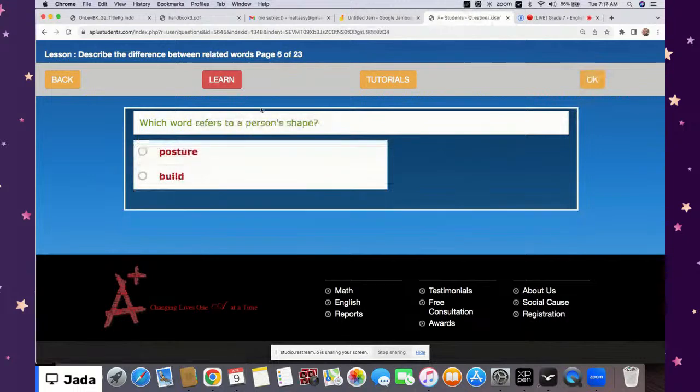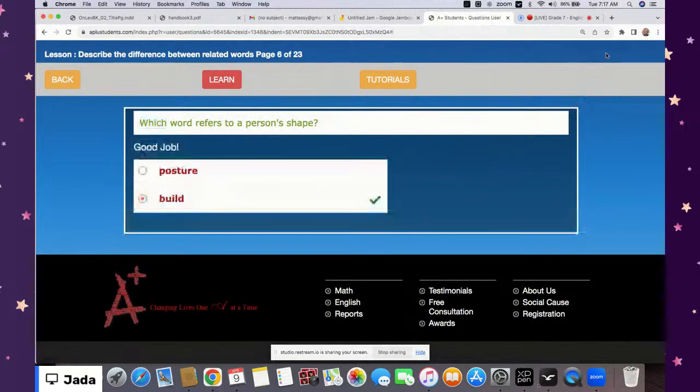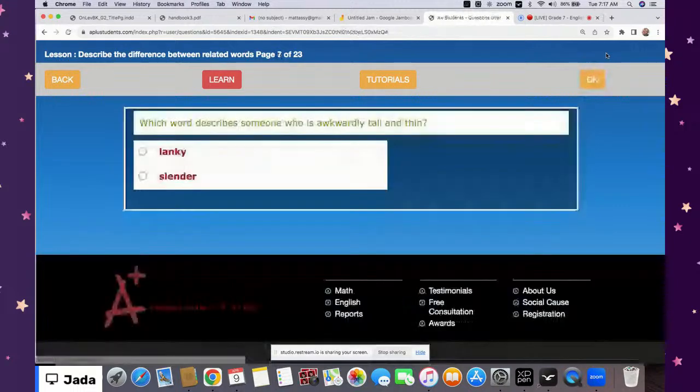Which word refers to a person's shape, posture, or build? We had this in the tutorial. Which word describes someone who is awkwardly tall and thin, slender or lanky? Lanky.